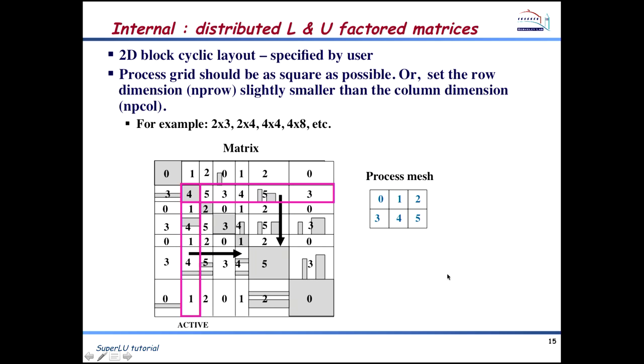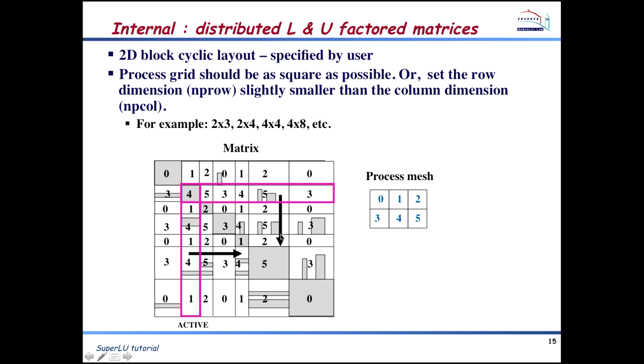Okay. So the internal structure, even though you don't need to know it, but one thing you need to set is the process grid. So that's why I'm still explaining this. Internally, in order to get a more scalable factorization, we use this 2D block cyclic layout, which is very similar to what dense ScaLAPACK uses.